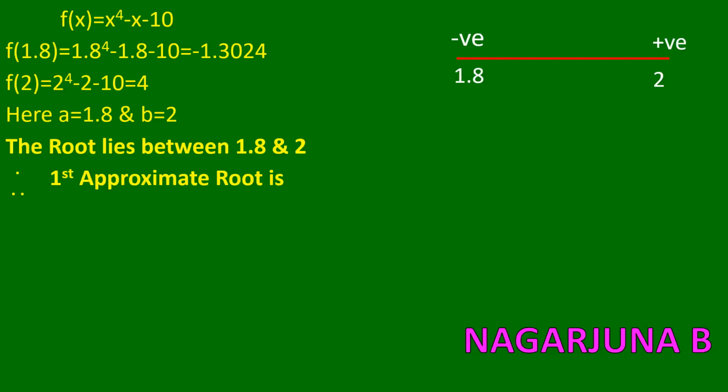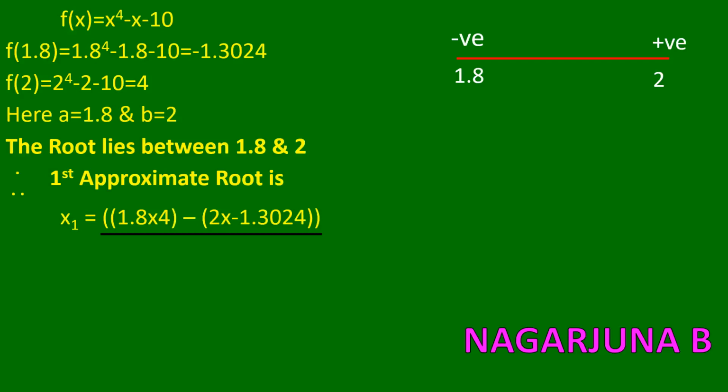Therefore x1 is equal to, open the bracket, again open the bracket, 1.8 into 4, close the bracket. 1.8 is a and 4 is f of b, that is f of 2, minus, open the bracket, 2 into 2, the b value, into f of a. f of a is minus 1.3024, close the bracket, again close the bracket, divided by f of b minus f of a. f of b is 4.